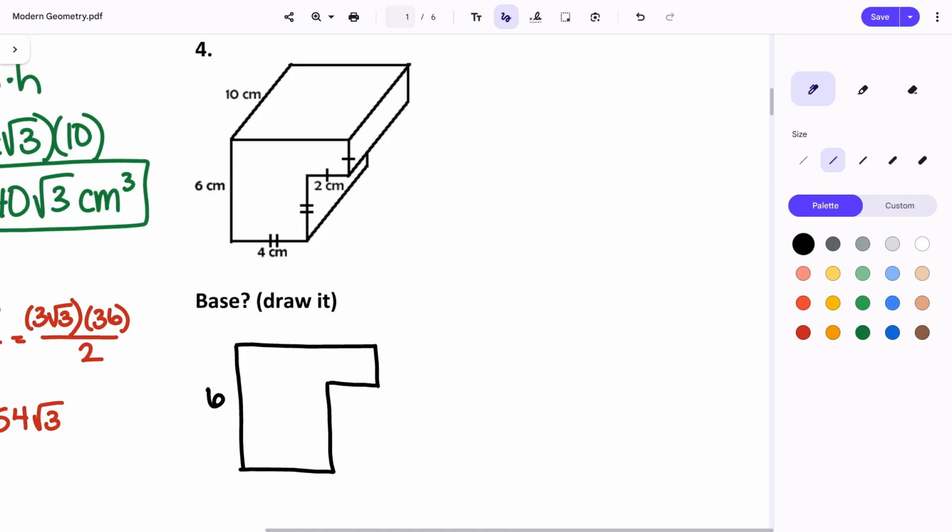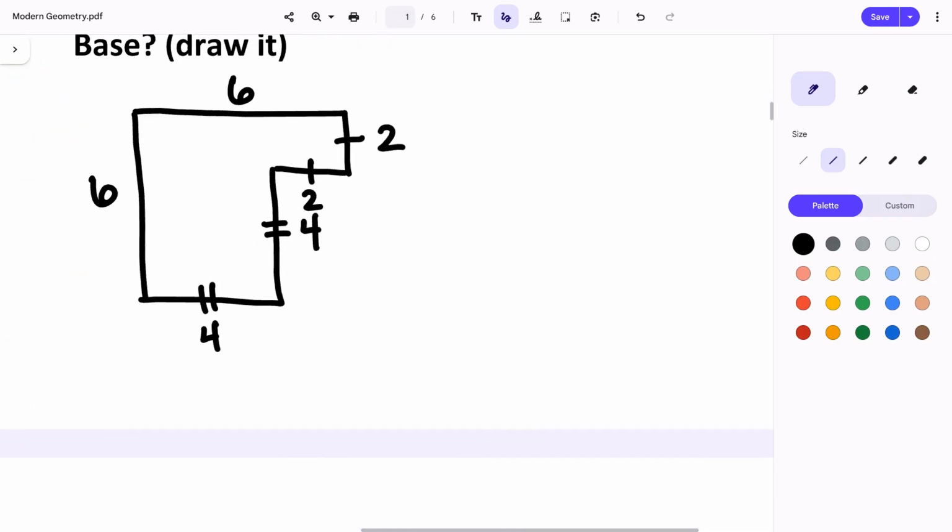How about the bottom? 4. And it has 2 dashes, and this side has 2 dashes, which means it's also 4. Okay, this little lip up here is 2, and this side has the same arc, so it's also 2. How long is the top? 6. Also 6, right? Because it's 4 from the bottom here, plus this 2. So this side is also going to be 6.